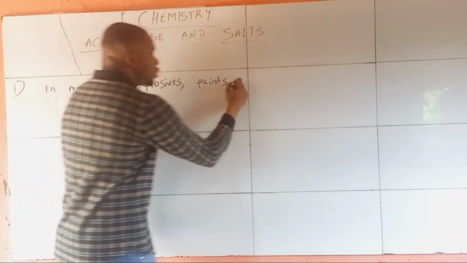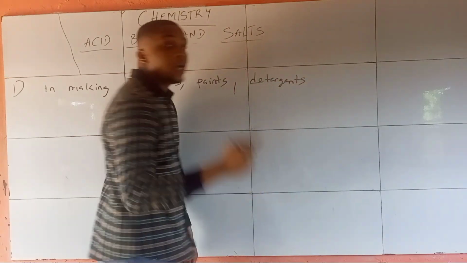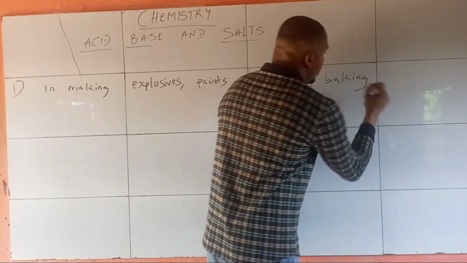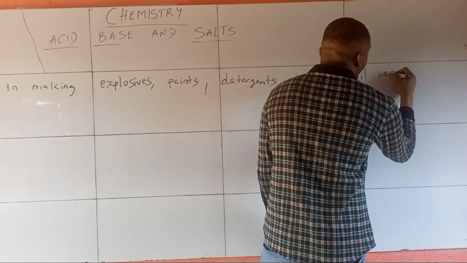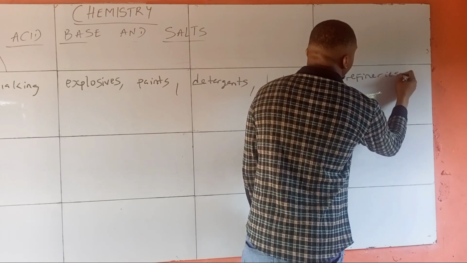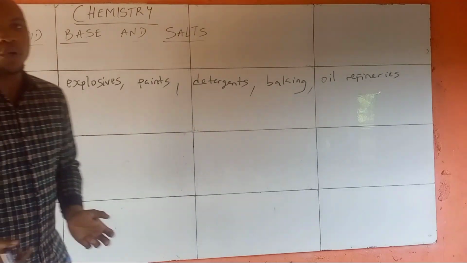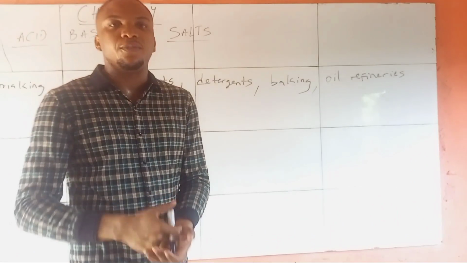It can be used in the production of detergents. It can be used for baking. It can be used in oil refineries. It has several what? Functions. So these are some of the uses of what? Acid.